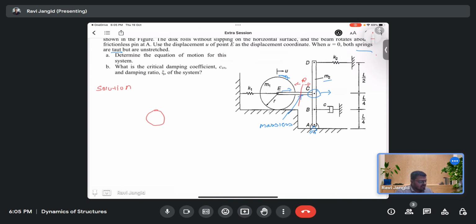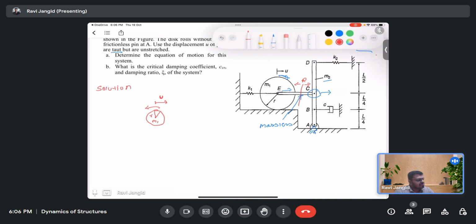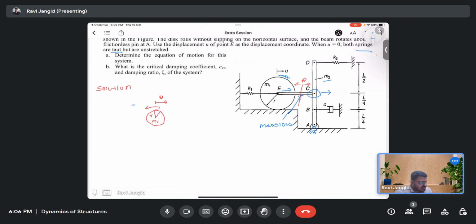If we apply a u displacement to this, it is traveling a u distance, and the radius is r, so that angle... The mass of this disk is m1, so the inertial force will be applied in the opposite direction, that would be I alpha.